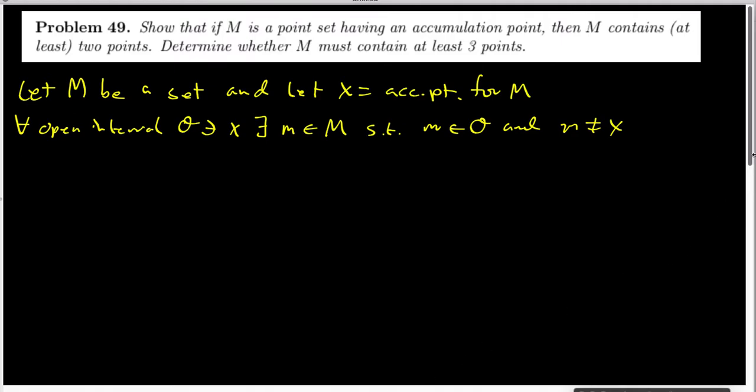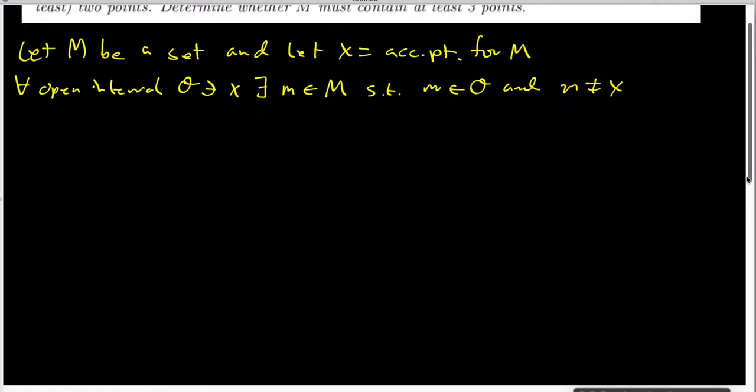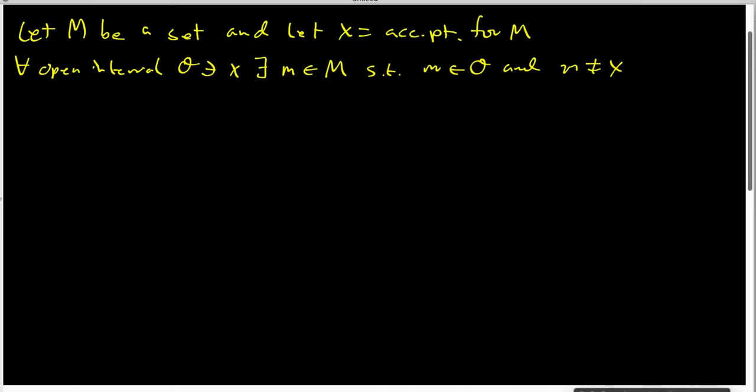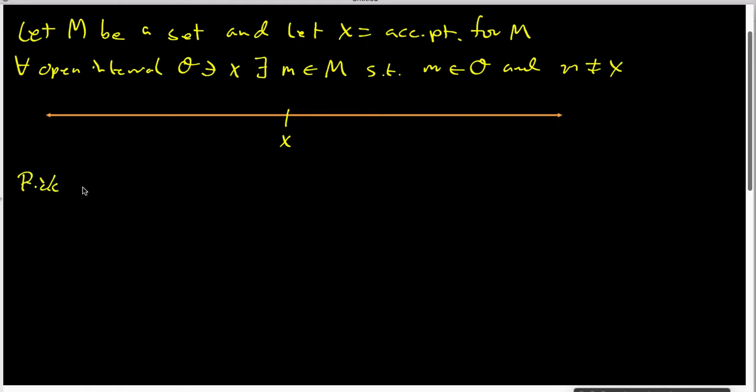So what I want to do is get started by looking at a picture. So we're going to draw a number line, and I want kind of a big number line. And I'm going to put X somewhere on this number line. Now I'm going to pick a big delta ball centered at X. So here is my first big delta ball.